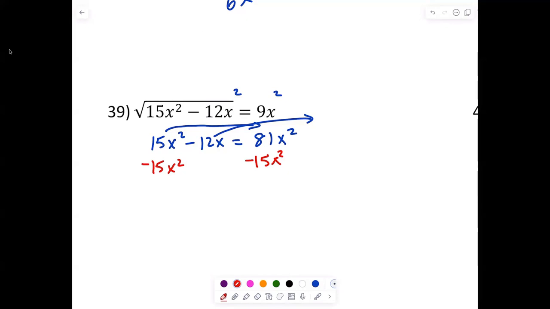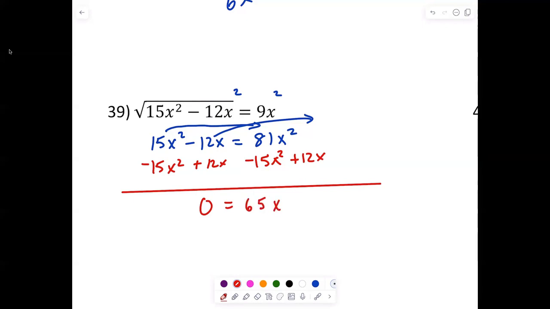So we subtract 15x squared and then we add 12x. Because it's a quadratic, we got to move everything over. So now we have 0 is equal to, what is that? 65x squared plus 12x.